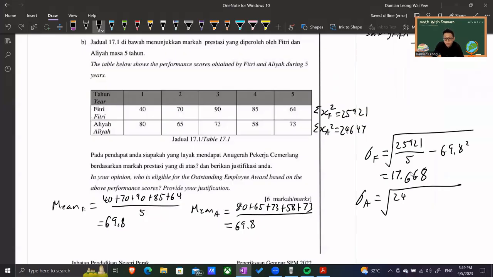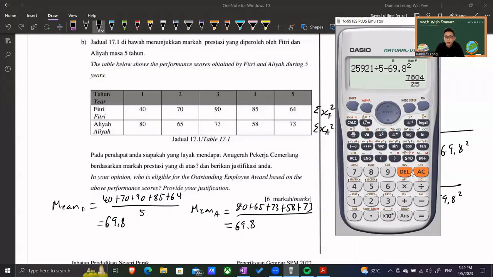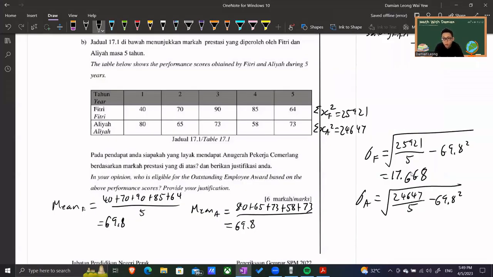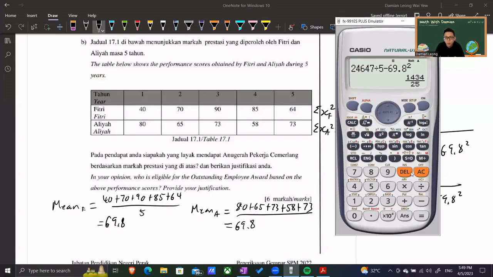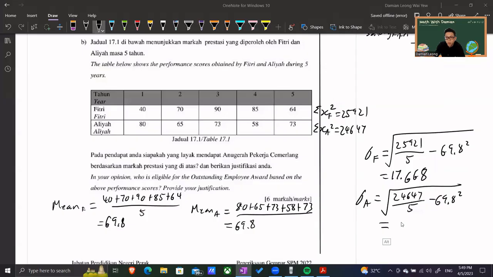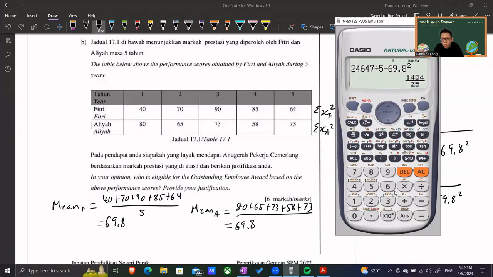Similar, but is 24647 over 5 minus 69.8 square. So yeah, this square root.